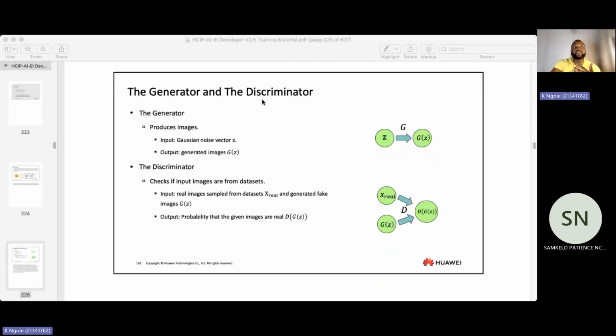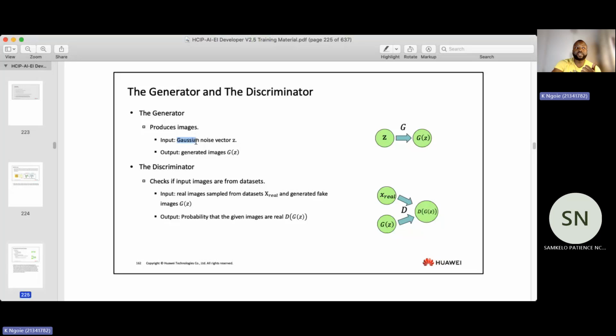So the generator is going to take as input a Gaussian noise vector. That means this will be the data that it is going to take and generate images. So it's going to generate fake images. And this fake image that has been generated will be used as an input in the discriminator.